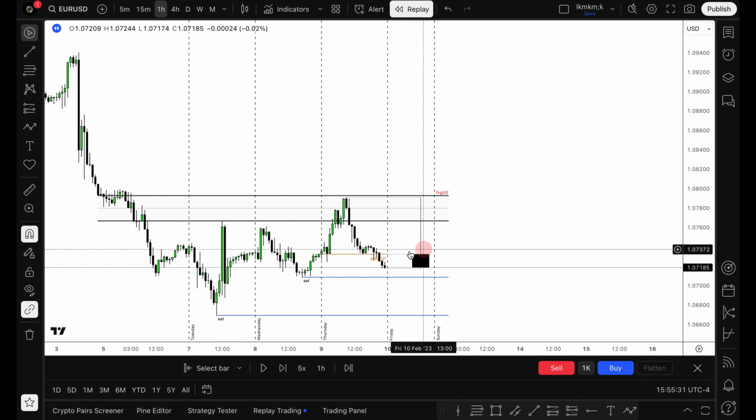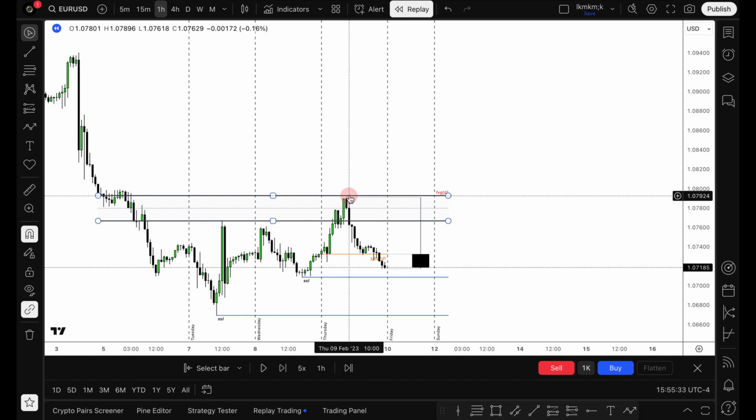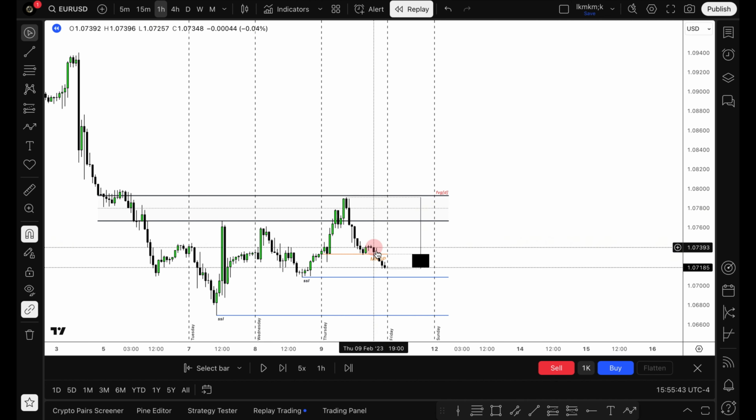Price moved into the daily fair value gap to form the high, which is the high point of the candle, and then we got the low here and the close, which is relatively close to each other. So the aim now is to trade the first candlestick print that I look for, which is the directional one.